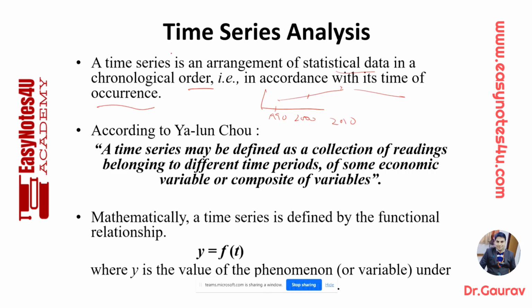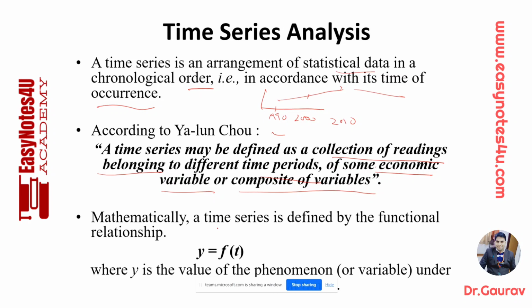According to La Yun Chow, a time series may be defined as a collection of readings belonging to different time periods of some economic variable. The economic variable may be sales, demand, profit, GDP, growth rate, or a composite of the variables, a mixing up of all the variables.